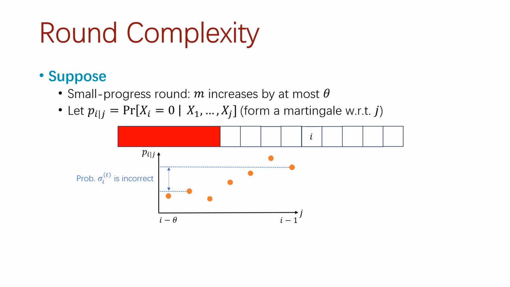Then we can prove that the probability that each i gives the first incorrect sample in a small progress round can be bounded by the largest difference between pi given i minus 1 and pi given j.